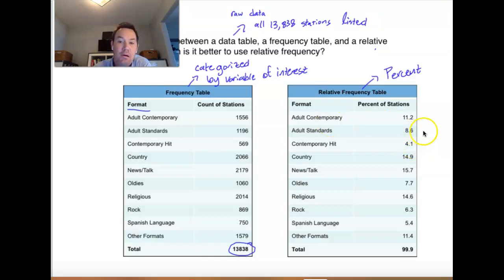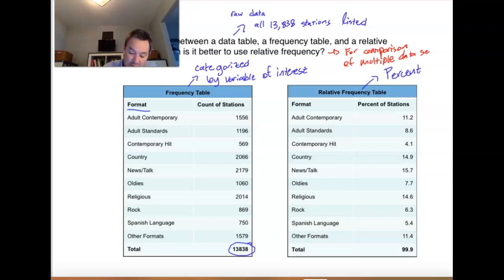And so generally you want to use relative frequency for comparison of multiple data sets when the raw numbers aren't the same.